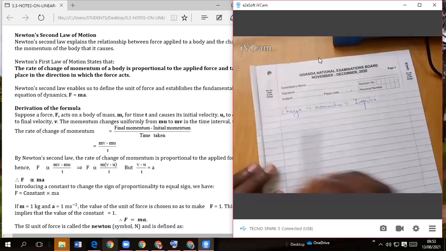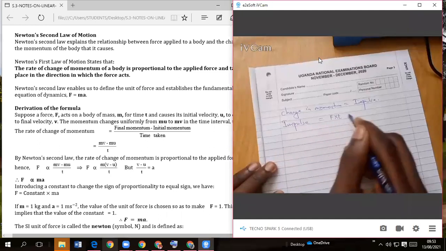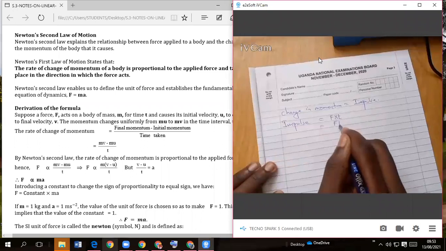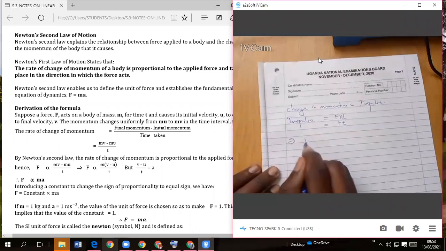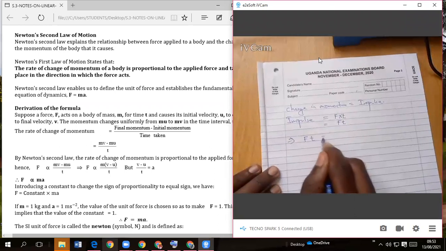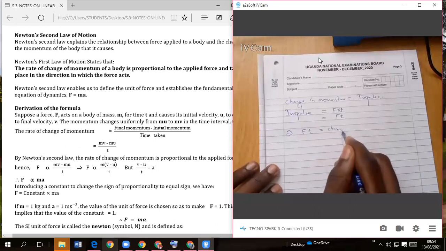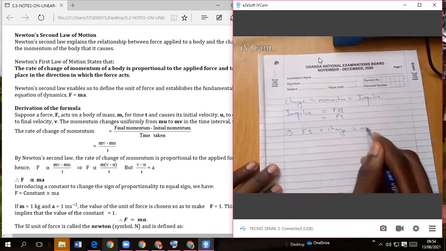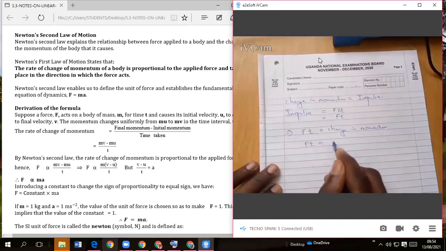But we know impulse is the product of force and time, which is Ft. So Ft is equal to the change in momentum.